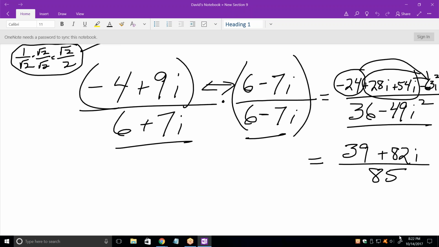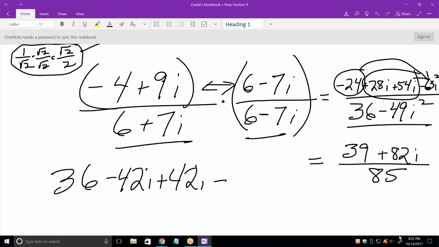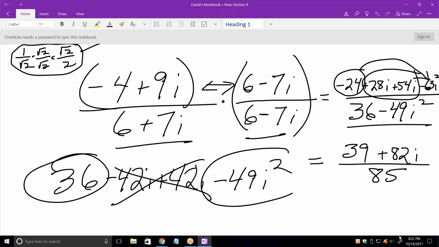If I were to go through it, it would be 36 minus 42i plus 42i minus 49i squared. Well, these two always cancel, always, when you are multiplying something by its conjugate. So what you're left with is the 36 minus 49i squared.